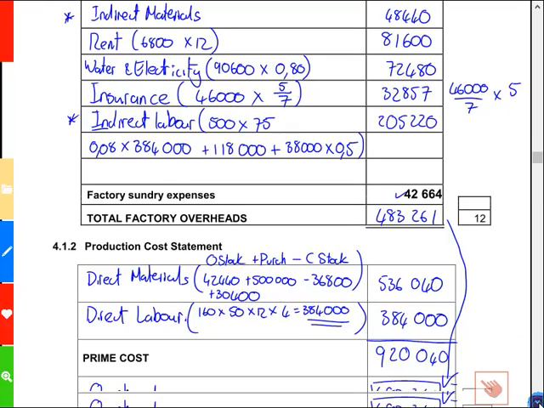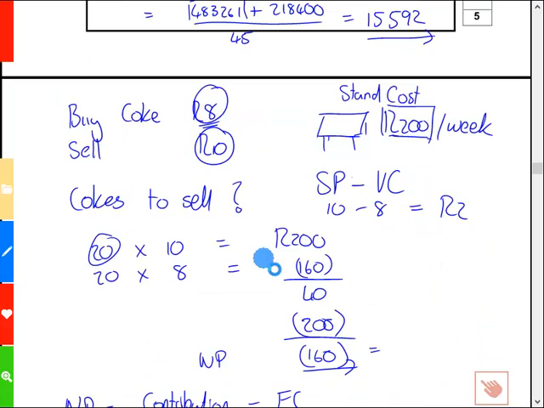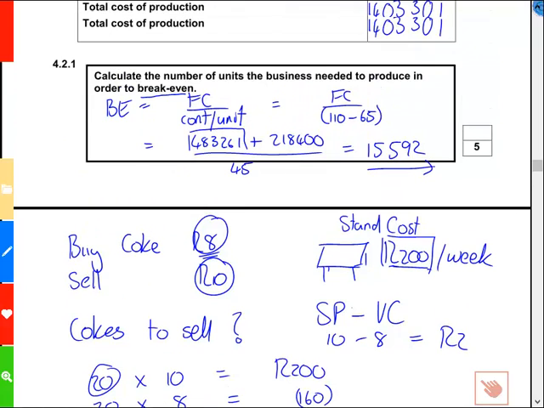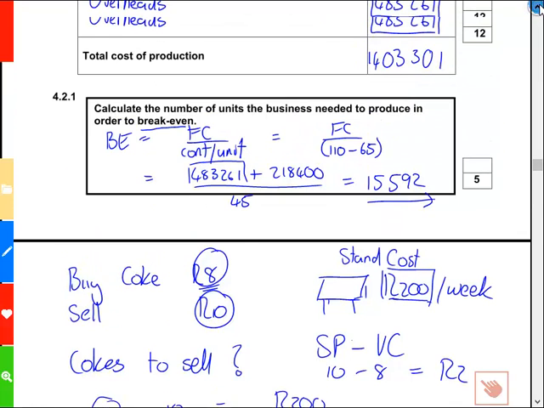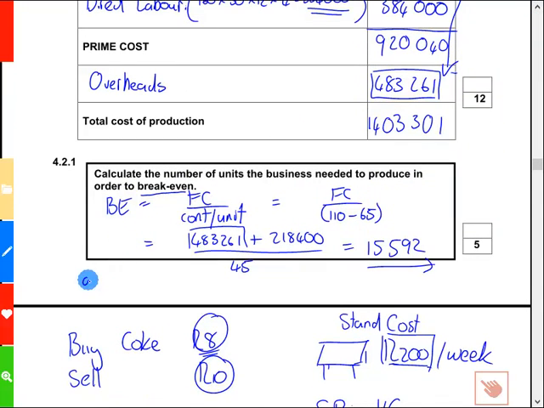So you can make your assumptions and you can write them here. If you wanted to, you could have said, assume indirect labor and indirect materials are variable, and therefore you say 483,261 minus whatever your indirect material costs are.